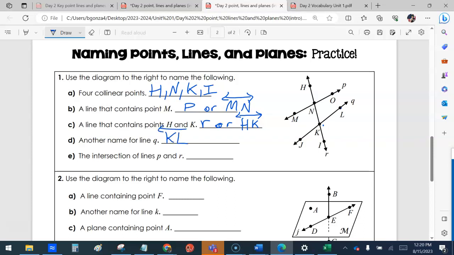Please don't forget the line symbol on top, okay? And then E, what's the intersection of lines P and R? So check it out, line P, line R, they touch at one point, point N. So go ahead and just put capital N.